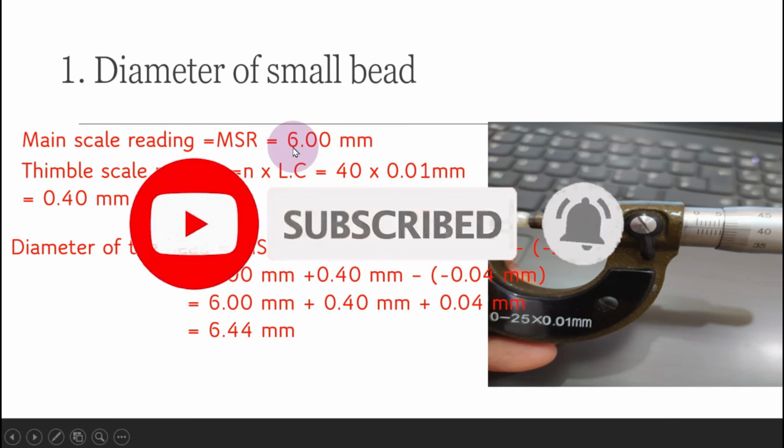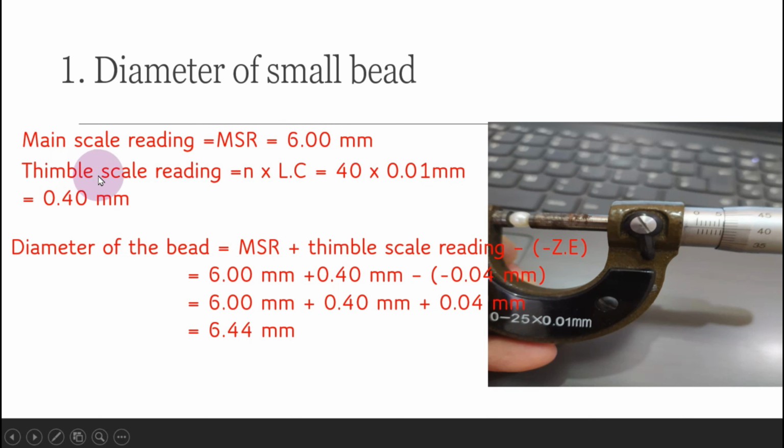So the main scale reading is 6. Now there's a turn of thimble scale reading, which is n into least count. Here n is the number of the thimble scale division which exactly coincides with the datum line. So 40 multiplied by least count. Least count is 0.01 millimeter, that gives us 0.40 millimeter.